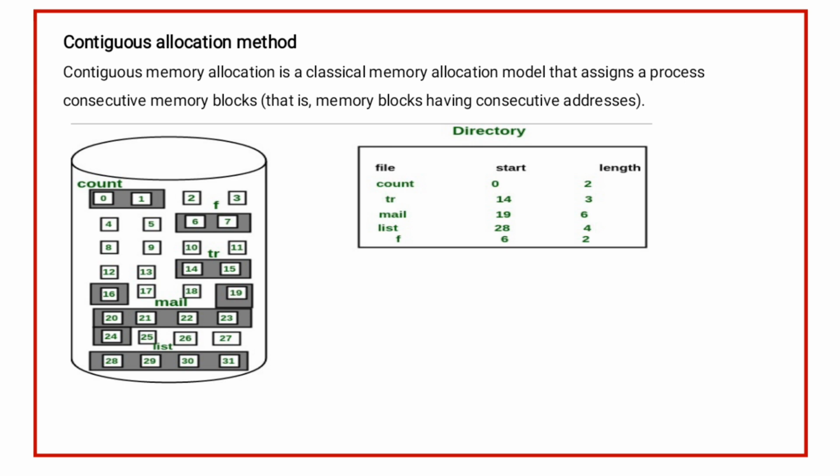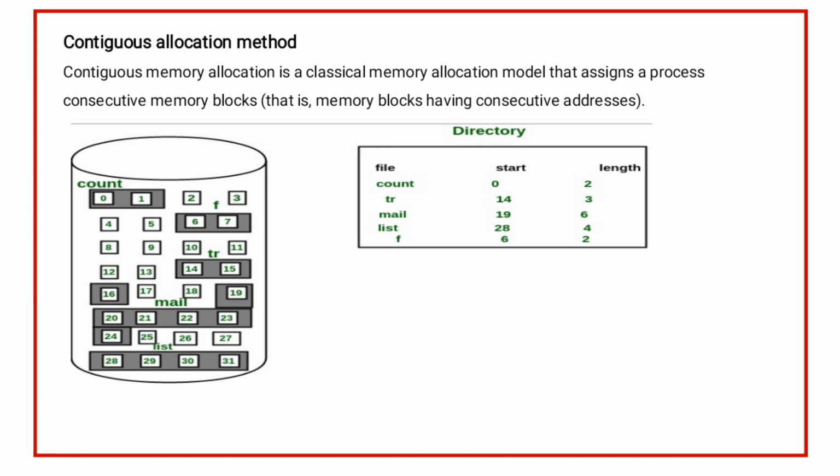Now, what are the advantages of the contiguous allocation method? The first advantage is that both sequential and direct access are supported. For direct access, the address of the kth block of the file which starts at block B can easily be obtained as B plus K. The second benefit is that this is extremely fast since the number of seeks is minimal because of the contiguous allocation of file blocks.